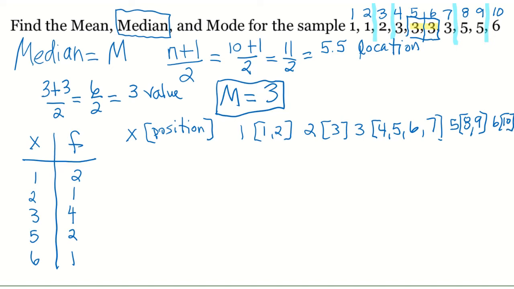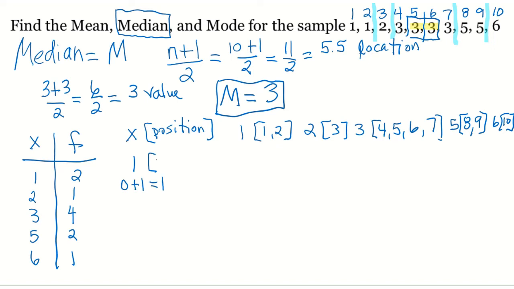Now we can easily see this when they're written down in a row, but if we were just given the frequency table, then there's a trick for easily figuring out what is the range where each of these data values fit in. So let's use our frequency table. For the first one, we're going to write down 1. And then to figure out the lower end, we're going to take the number 0 and add 1.